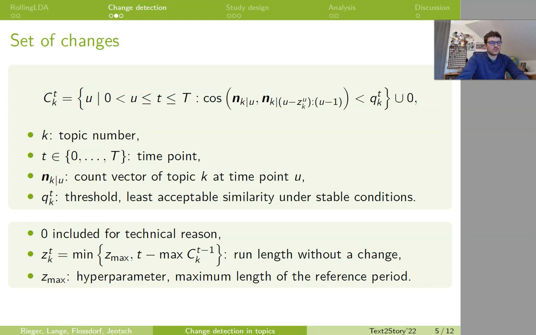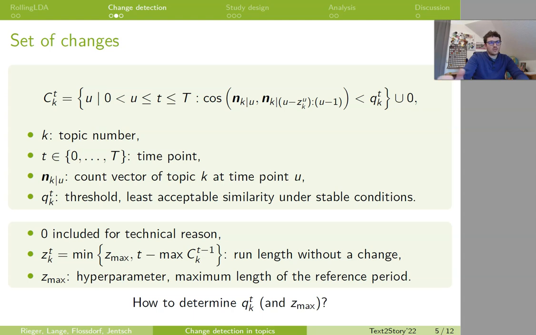So the similarity of these two is then compared to the threshold we still have to define. And don't be confused, the 0 is just included in the set of changes for technical reasons, so that the maximum of CTK is well defined.